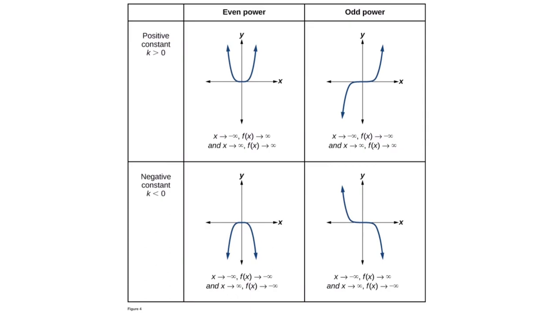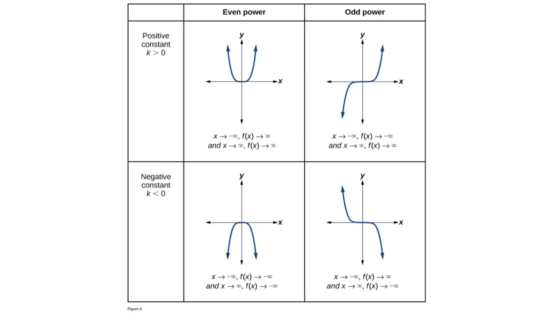The k must be the coefficient. So then if you multiply your even power function by a negative on the outside, your y's go from positive to negative. So then they're going to go down like this.